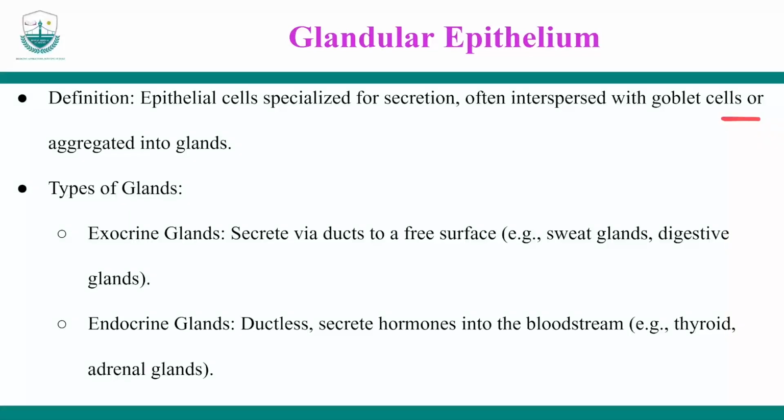We have two types of glands. Exocrine glands have ducts, so they secrete via the ducts to the free surface. The sweat glands and the digestive glands fall under that. Then the endocrine glands secrete hormones and lack ducts. That means the hormones are secreted directly into the bloodstream.